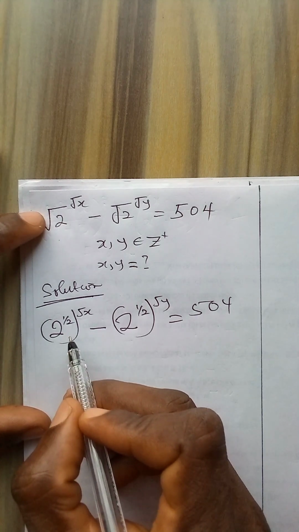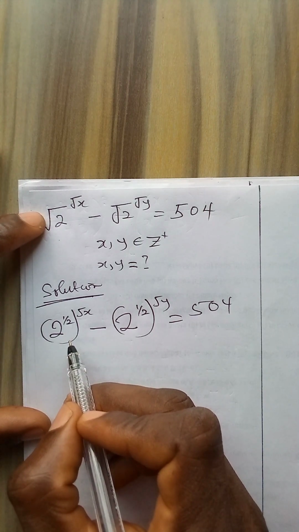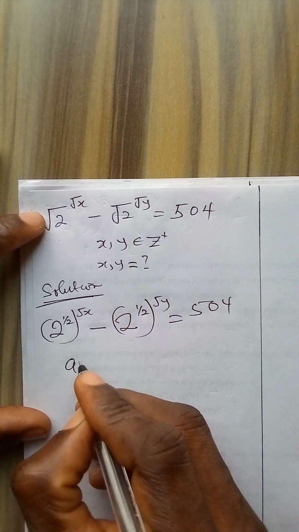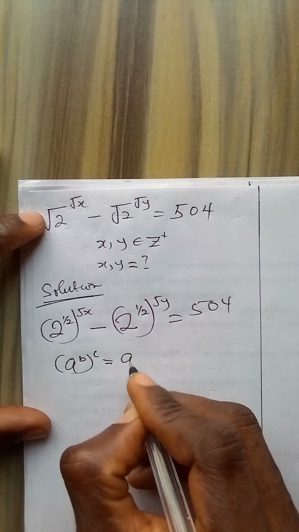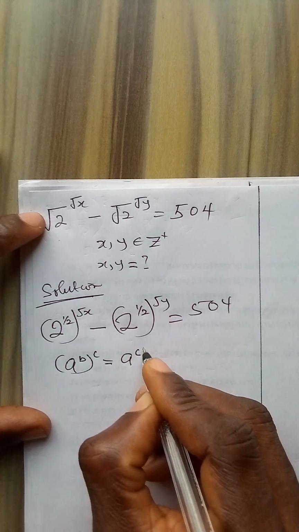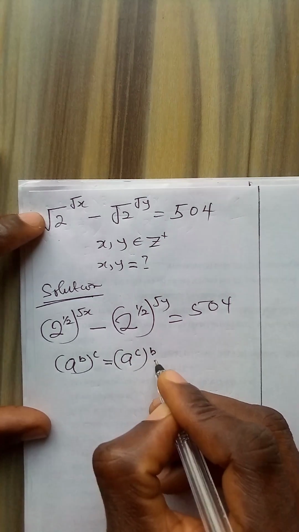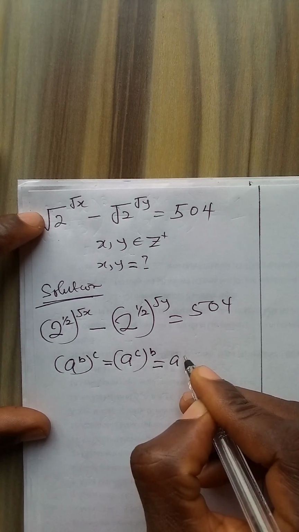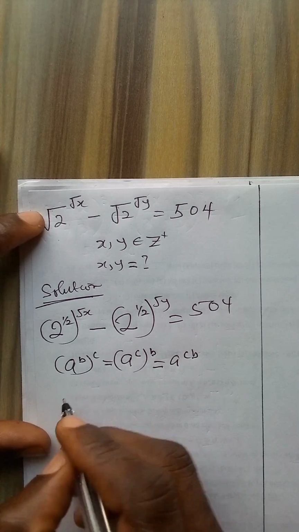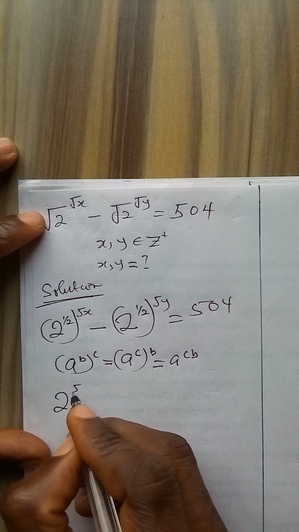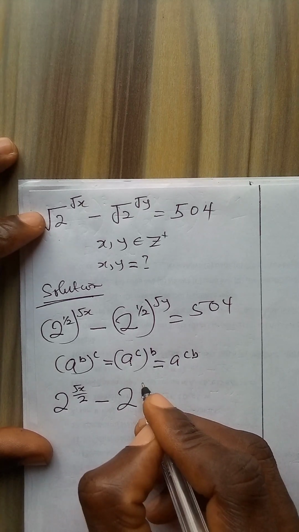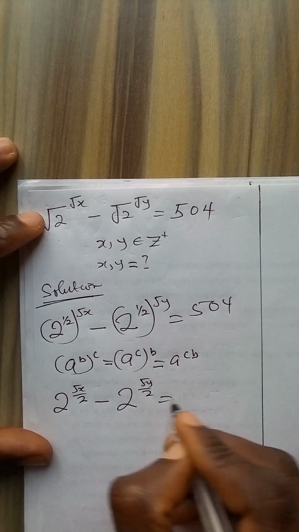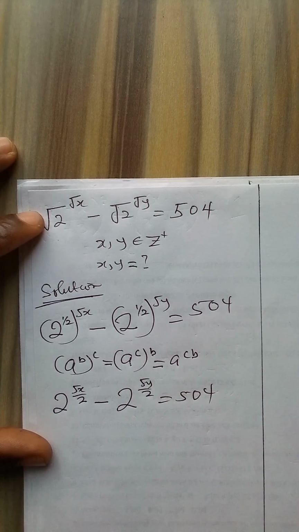Now, if I apply a law in indices, which is a to power b, all raised to power c, is equal to a to power cb, it becomes 2 to power root x over 2 minus 2 to power root y over 2 is equal to 504.